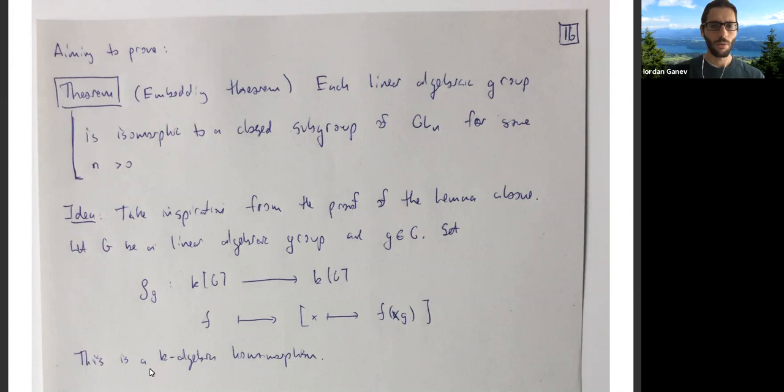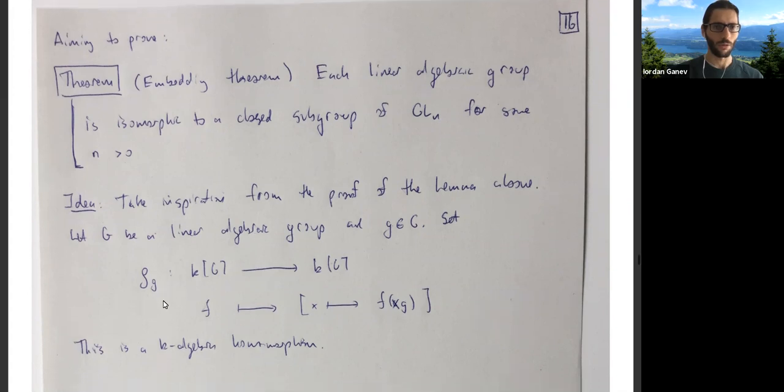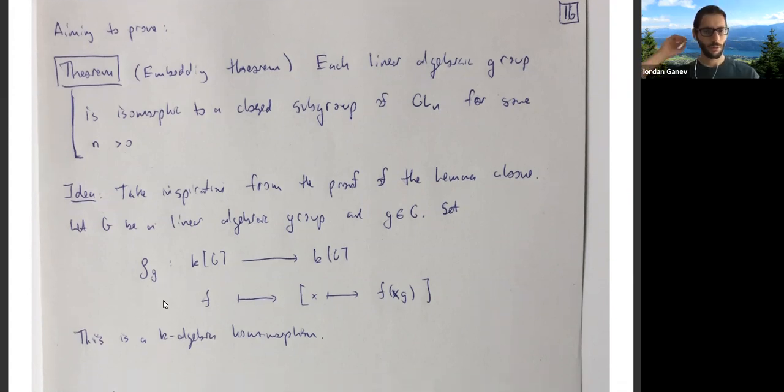Okay, so let's think about why this theorem is true. The idea is to think about an action of G on its affine algebra. This affine algebra is in general an infinite dimensional K algebra.